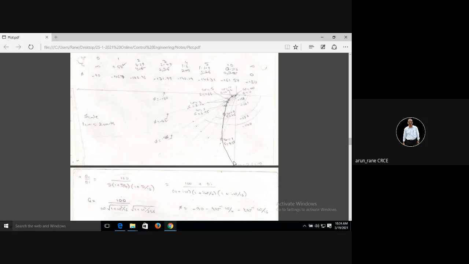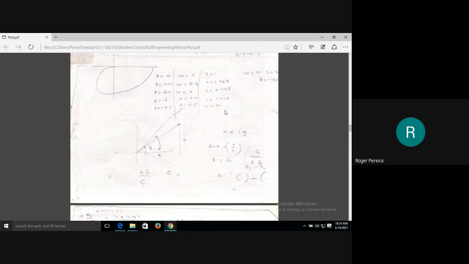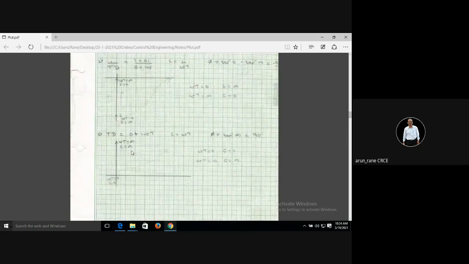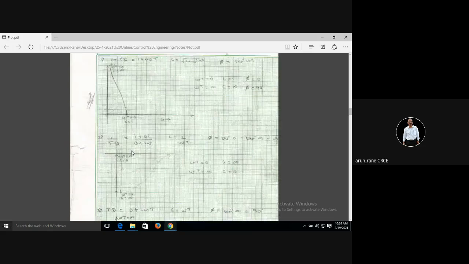Had this graph been like this, so minus 1 comma 0 is inside. That means the system is unstable. Understand? Here also the system is stable because the minus 1 comma 0 point is outside. This is what is called the polar plot.